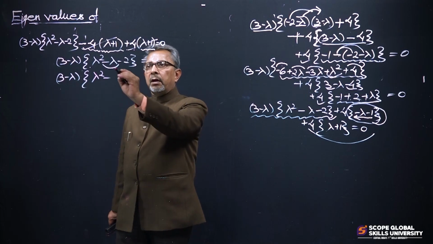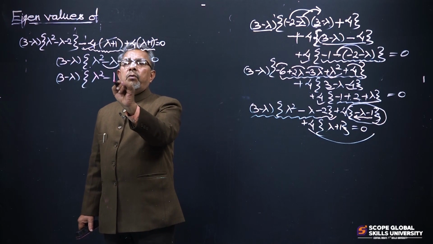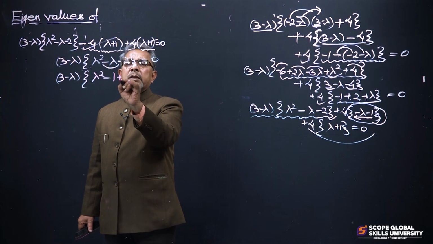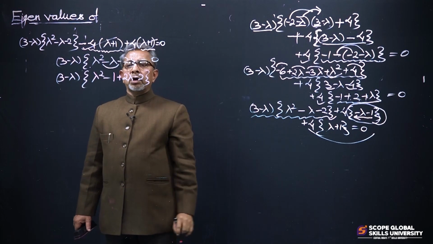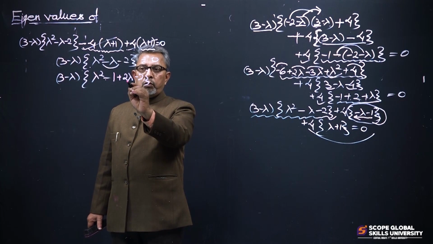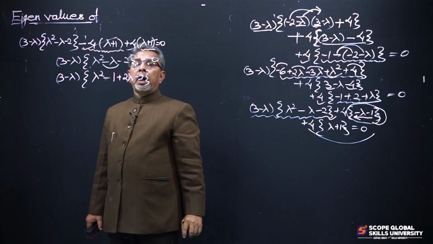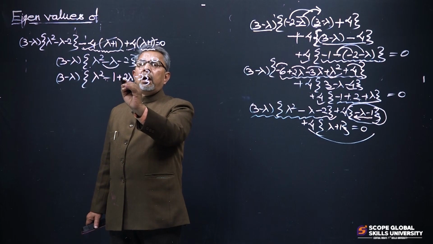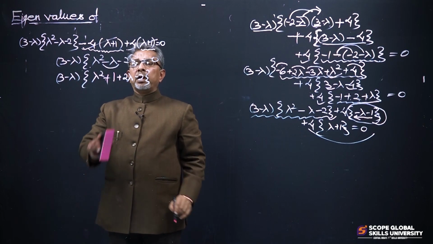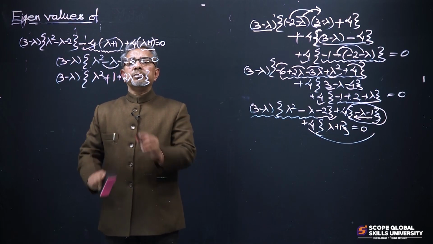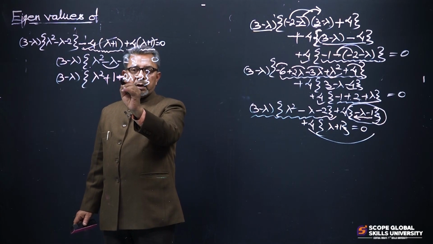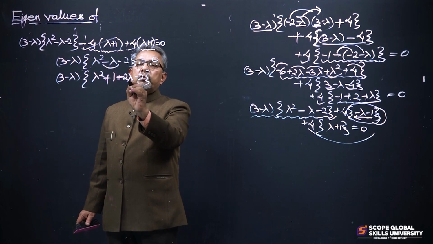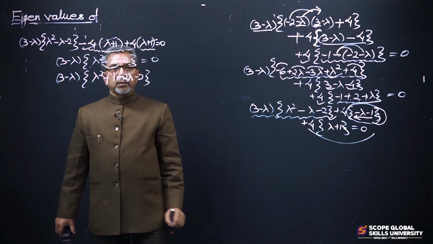and minus 1 plus 2 lambda minus 2, because minus 1 multiplied by 2 is minus 2, and minus 1, this is plus 1 and minus 2. Then we get plus 1 minus 2 is minus 1.